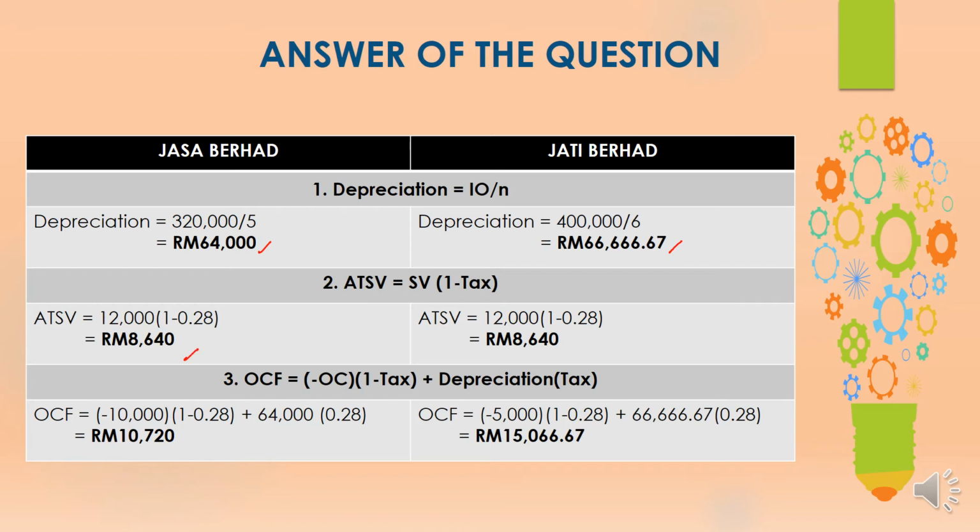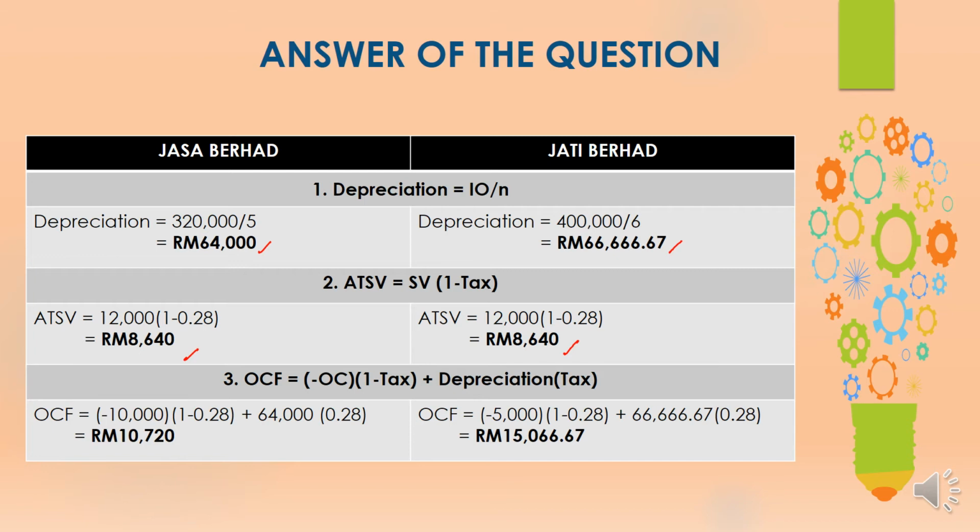Then for Jati Berhad, the after tax salvage value equals salvage value 12,000 times 1 minus tax 28%, also equal to 8,640. The ATSV is the same for both Jasa and Jati because the salvage value for the equipment from both companies is the same.